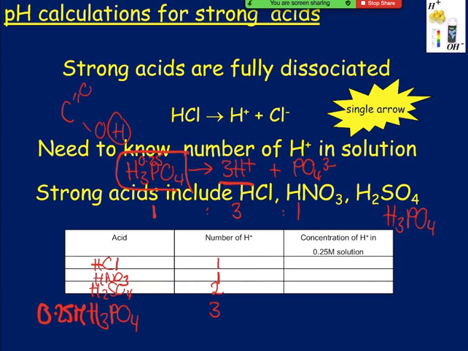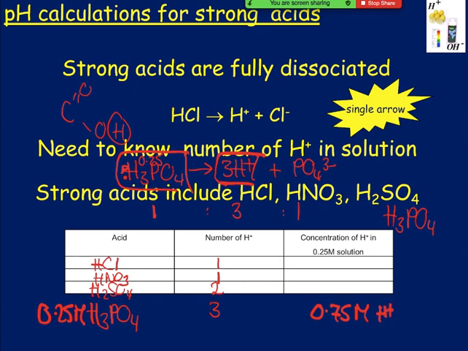In some of the stoichiometry, they give you this part and ask you to work out this part, so you're using the mole ratio for this little equation. So the concentration of protons is 0.75 molar of H plus.